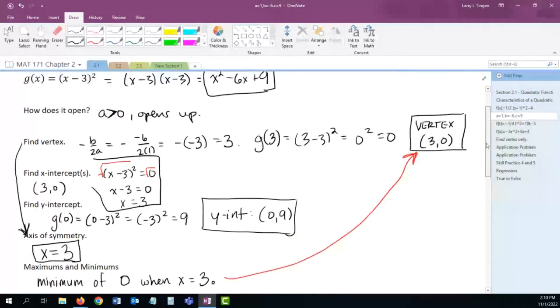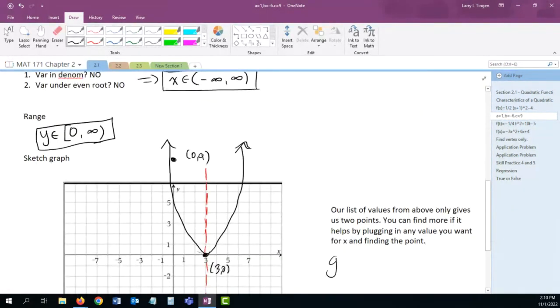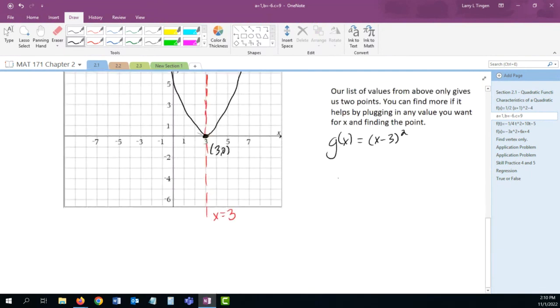I just wanted to make sure you get the title right. This is g of x equals (x minus 3) squared. So for instance, let's try finding g of 4. 4 minus 3 squared is 1 squared, which is 1. So (4, 1) is another point I can look at.